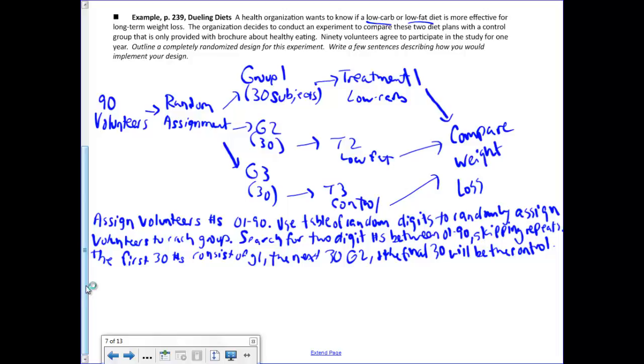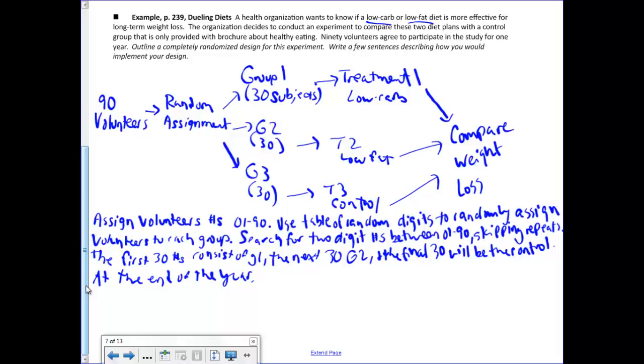So what do we do then? We've talked our way through here. We randomly assign them to their group, which is the treatment. And at the end of the year, because this is a year-long process, well, what am I going to do with the 30 people in the low-carb group, and the 30 people in the low-fat group, and the 30 people in the control group, in order to compare weight losses? Look at how much weight they lost, and how do I look at that in this group? Do I look at all 30 individuals? What could we do?